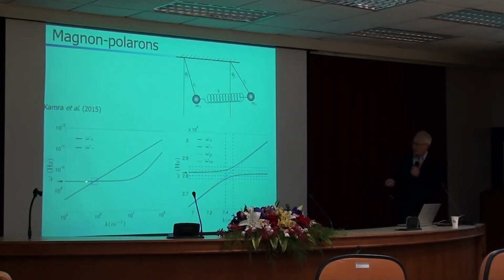Now you have to look very precisely to see that these two at the crossing point indeed have an interaction which generates an anti-crossing. Precisely at this anti-crossing, the elementary excitations are not magnons, are not phonons, they are these coupled magnon polarons.